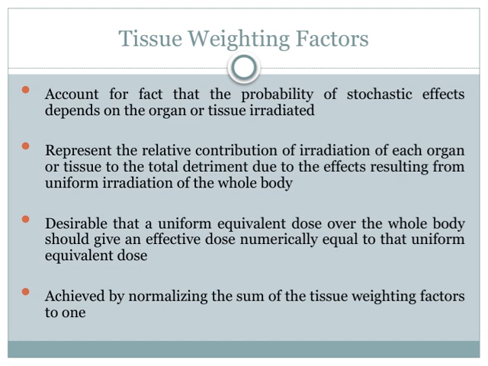This normalization ensures that our calculations are consistent and that the effective dose truly represents the risk associated with irradiation of different tissues. In essence, tissue weighting factors help us weigh the contribution of each organ's irradiation to the overall risk, allowing us to make more accurate assessments of potential stochastic effects across the body.